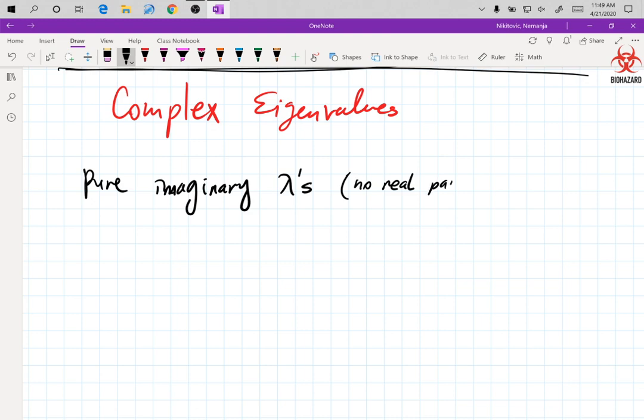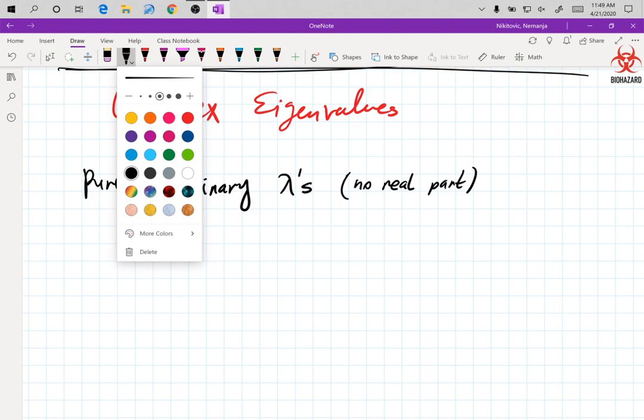No real part. So you have lambda equals 4i, that's it, right? Then you have something that is called a center. The solution will just hover, whether it's going to be a circle, an ellipse, a sideways ellipse, or so on. So all of those are possible.